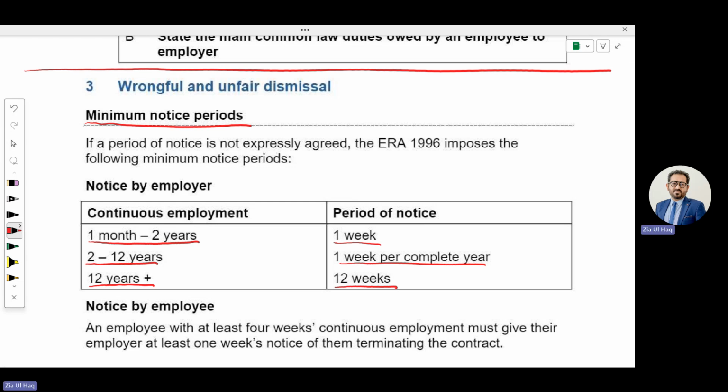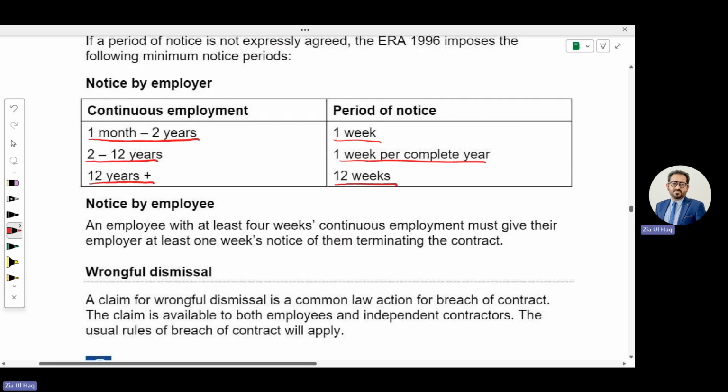So less than 2 years of employment, 1 week; 2 to 12 years, as many weeks of notice as the years he has worked. If the employee has worked with the organization for more than 12 years, then at least 12 weeks notice period is required.